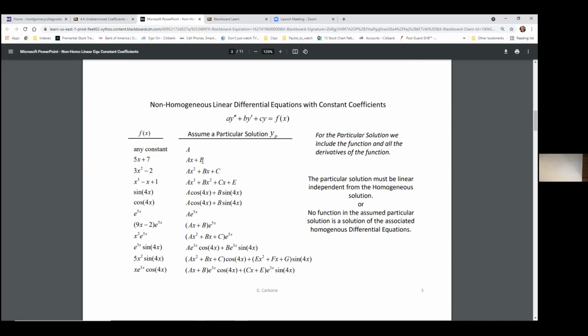This table comes right out of your book. If you have any constant, in other words, suppose this is equal to 4, you're going to assume a. You can call it whatever you want, but you're just going to assume a, and then you're going to put that in the differential equation.